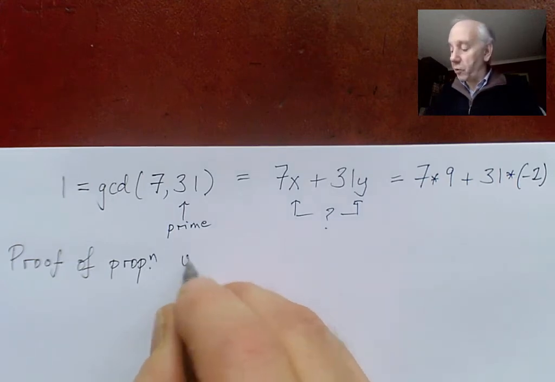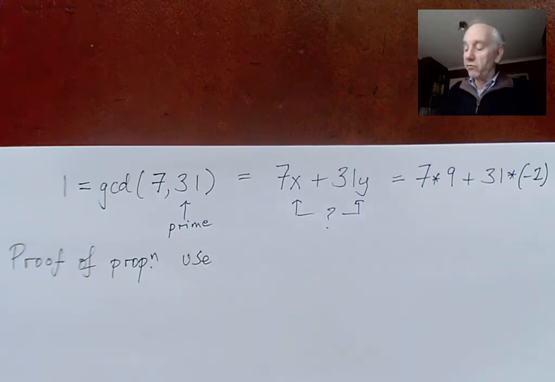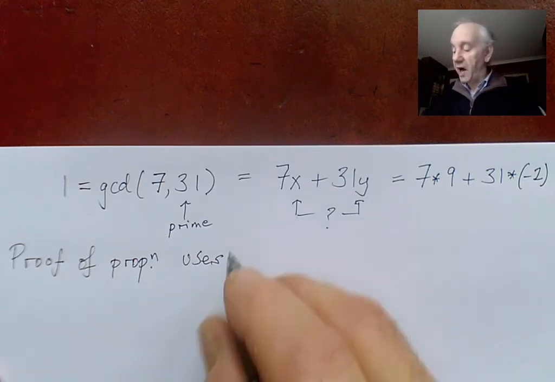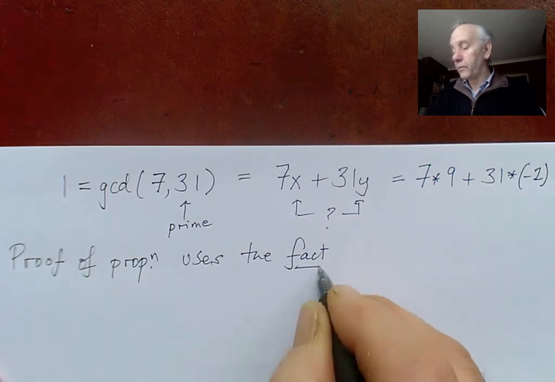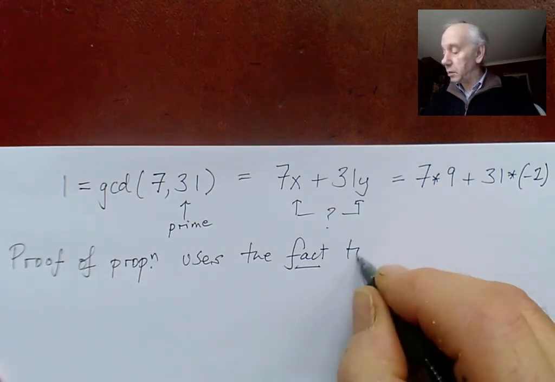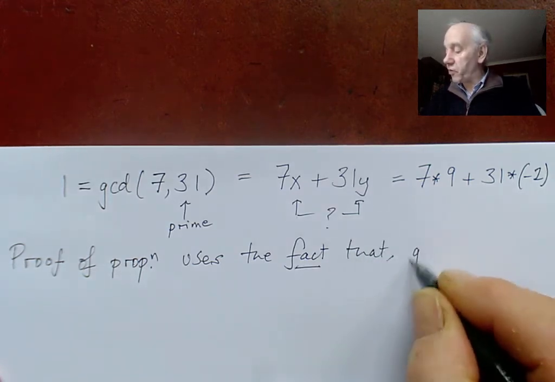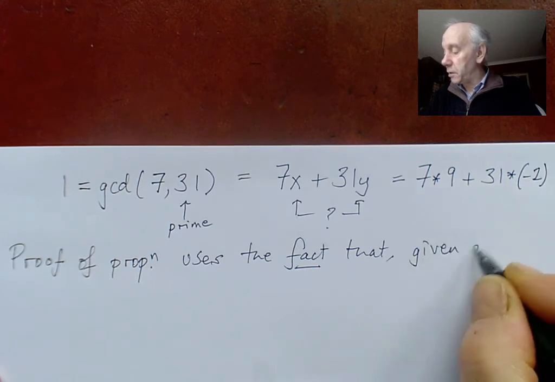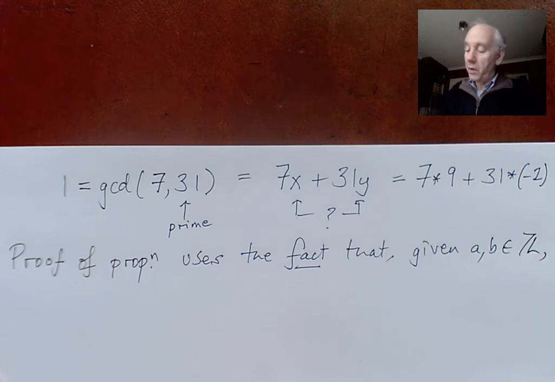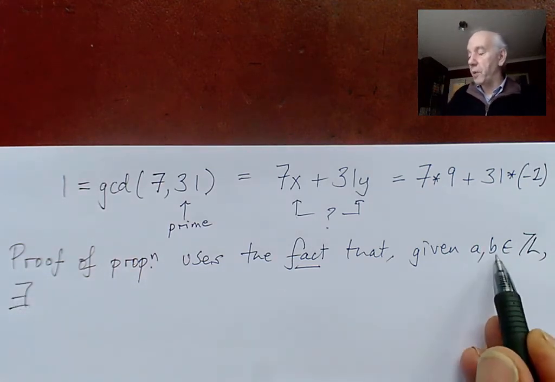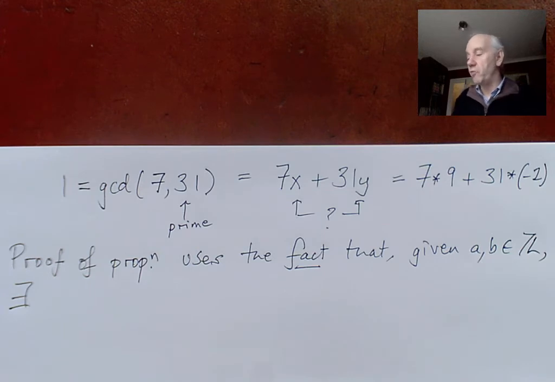uses what's sometimes called the division algorithm. Let me just call it a fact. Uses the fact that, given integers a and b, there exists, so we're not necessarily in the situation where b divides a, but we can always get a remainder.